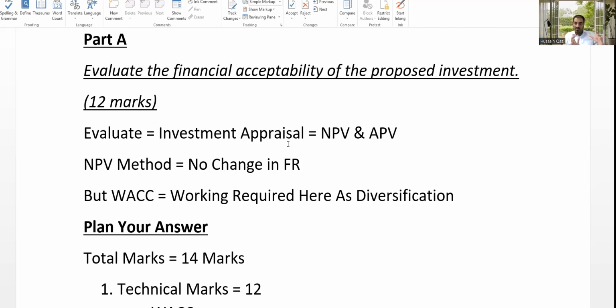Number 2, how to plan for part A. Now, moving on, we will work out the complete part A, then move to part B working. And at the last point, we will cover the examiner report analysis.